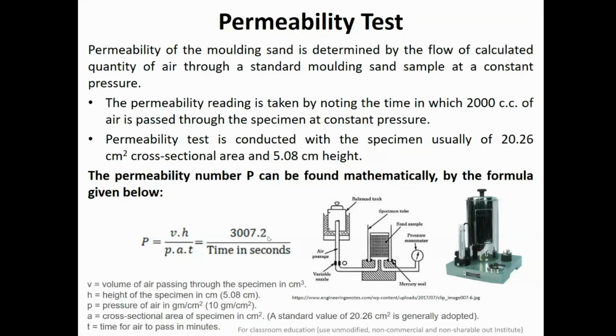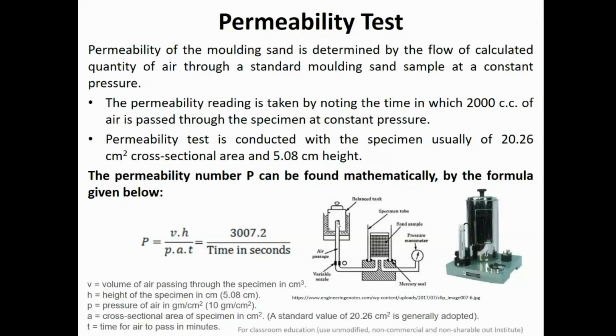Then with the help of a stopwatch, if you are able to note this time period, you can easily calculate the permeability number. For this purpose, there is a special equipment called the permeability tester. In this equipment there is a tank which is filled with water, and this tank also has one tube for the passage of air.